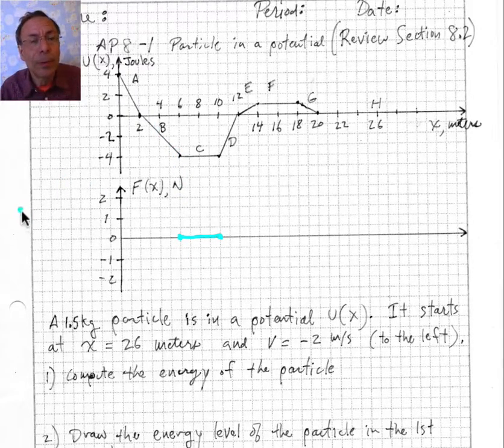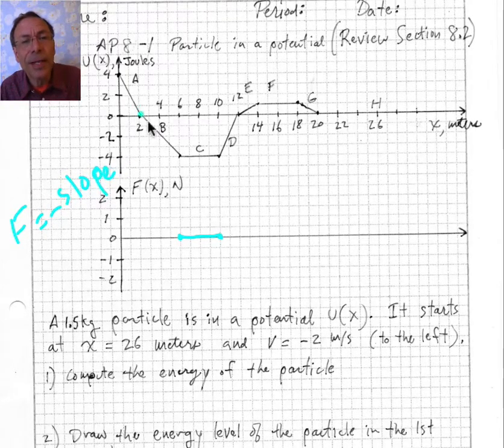But remember that force is equal to the negative of the slope. So -1 joule per meter of slope turns into +1 joule per meter. So let's go ahead and draw. There's 1. So from here to here, the force is 1.